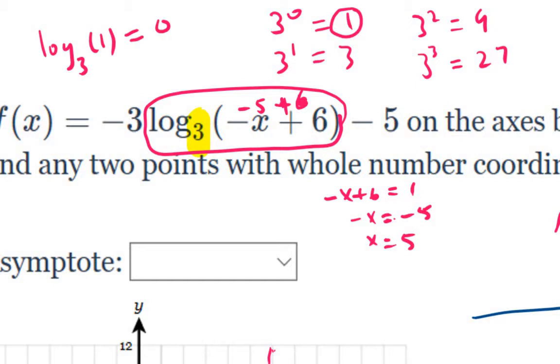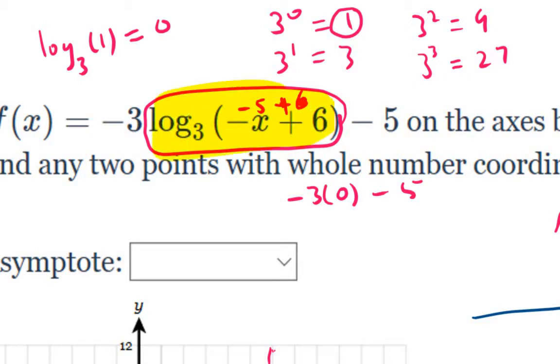And then we subtract 5. So let me write them in order so you don't get confused. It looks like this: negative 3 times the 0, minus 5. Remember, this 0 is this stuff that I'm highlighting in yellow. All this is 0 when x is 5. It's going to make sense to you when you practice some more.